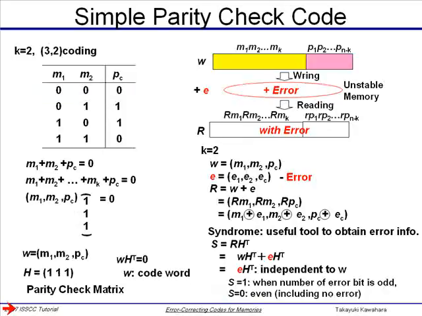Okay, so let's say same as your handout, the example with the (3,2) coding. We learned about what a parity check matrix is, and what the syndrome is.